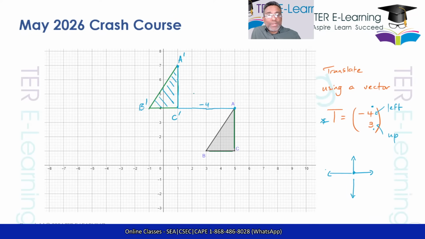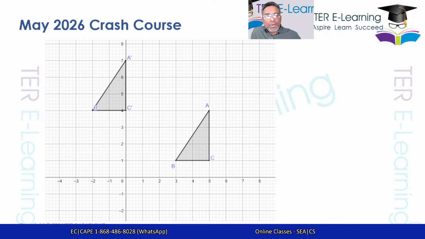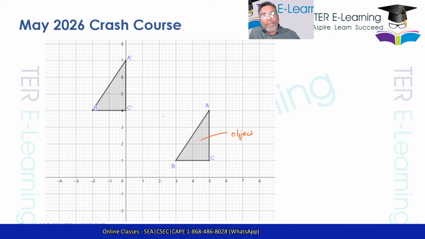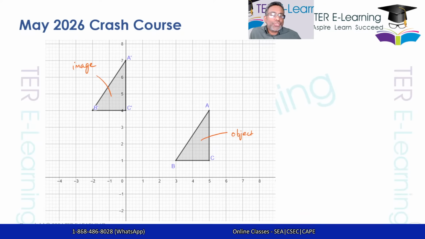Okay? So that is one question they can ask you, and CSEC normally gives us just 1 mark for that, right? To perform a translation. What they can also do as well, they can give you an object. So let's say this is the object here, right? And let's say this is your image here. And they ask you to describe this transformation.